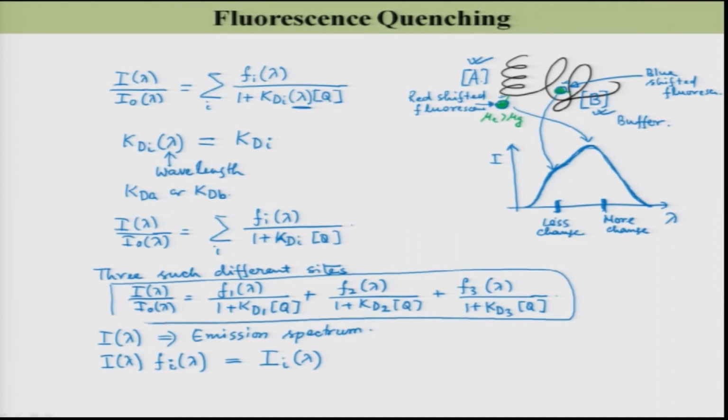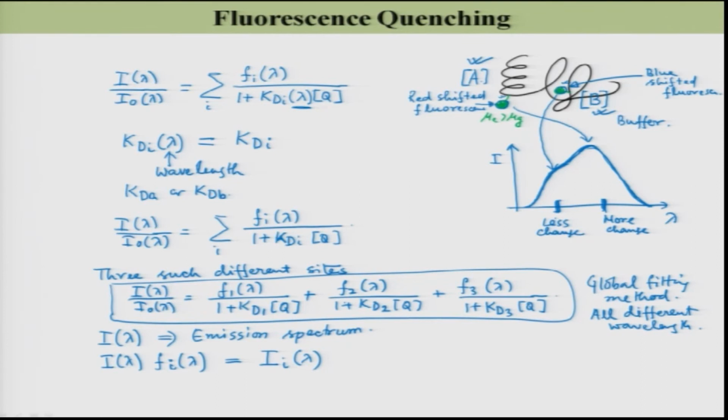So, let us say, for example, if I analyze this thing in a global fitting method, then what will you get? Global fitting method means that the same equation will be applied for all different wavelengths. Note it down. These contributions F1, F2, F3 are wavelength dependent, I by I0 is wavelength dependent, but kD1, kD2 and kD3 are not wavelength dependent.